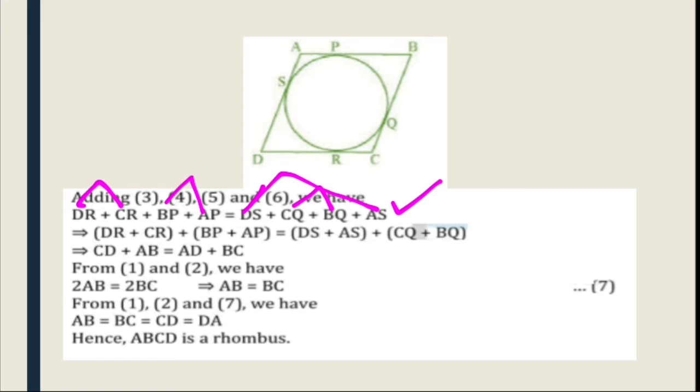If you look at the pairs, R is common for the first pair, P is common for the second pair. In this way you have to choose the pairs so that one letter will be common. Now DR plus CR is equal to CD, BP plus AP is equal to AB, DS plus AS is equal to AD, BQ plus CQ is equal to BC. So you are getting CD plus AB is equal to AD plus BC.